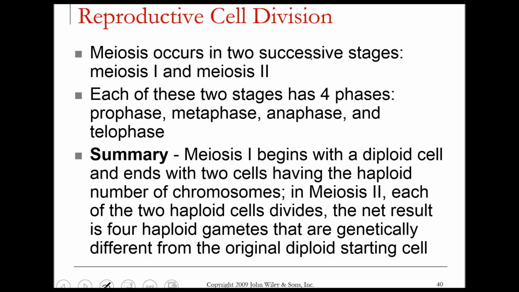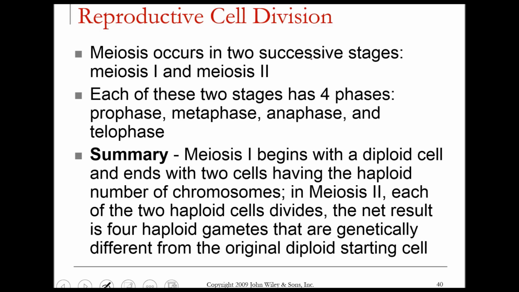We begin meiosis 1 with a diploid cell, but remember, the cell has gone through interphase, so each chromosome is made out of 2 DNA molecules. We end up, after meiosis 1, with 2 cells having the haploid number of chromosomes. So in the process of meiosis 1, we separate the homologous pairs of chromosomes.